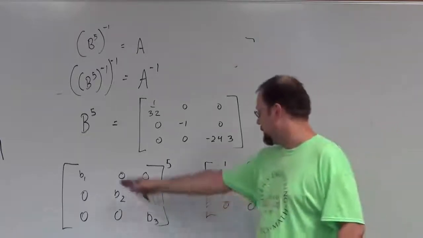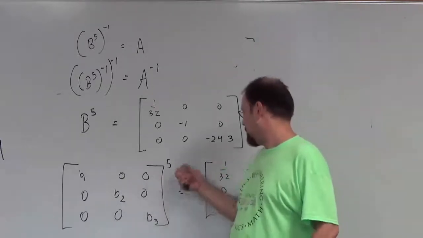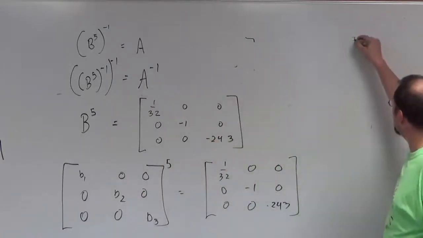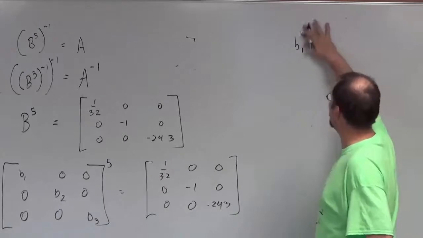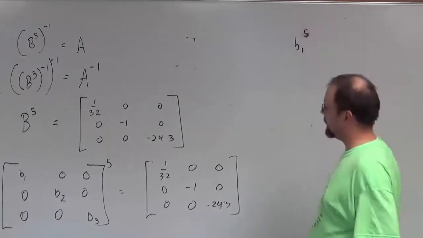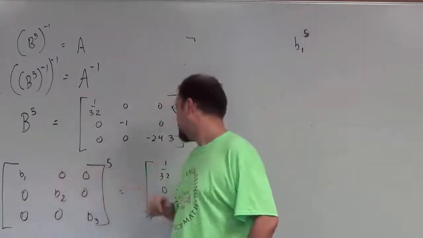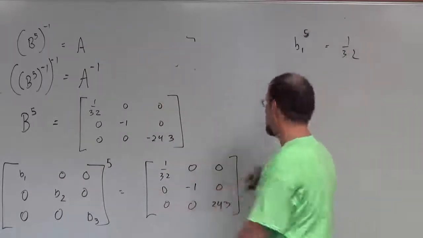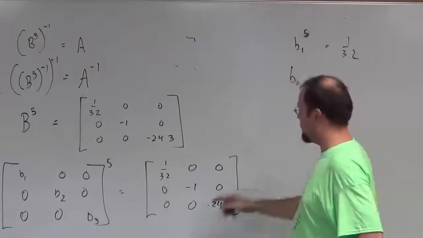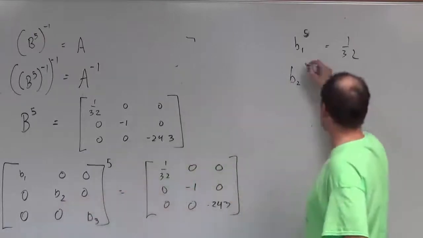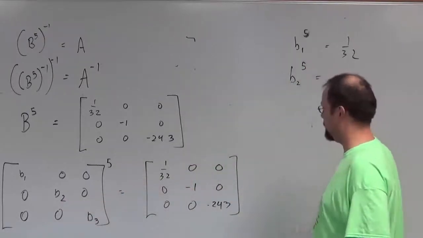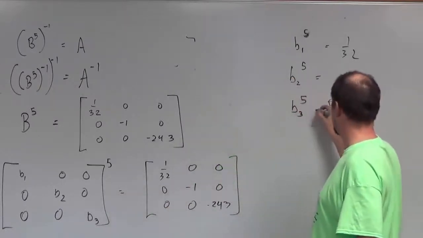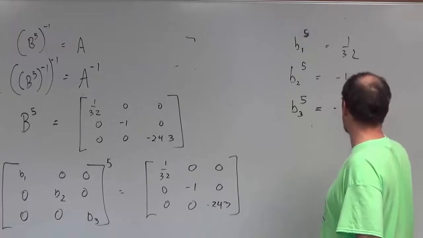But of course, because I'm assuming B is a diagonal matrix, I can go ahead and compute this power by simply raising each entry to the power 5. So B1 to the power 5 has to equal 1 over 32 for these matrices to be equal. The second diagonal entry to the power 5 has to be -1. And B3 raised to the 5th power has to be -243.